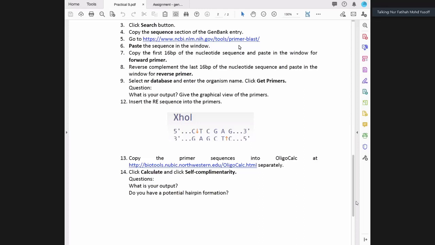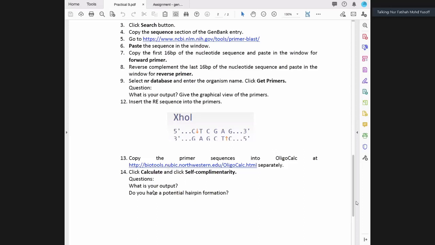Primer Blast is usually set up with less stringent settings to determine whether the primer sequences may have secondary structure. That's why we add in another oligonucleotide property calculator. From this website, you can see this, right? You can go to this link and check whether the primer is okay or not.